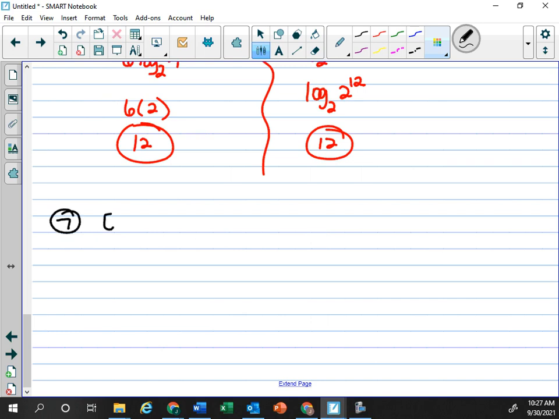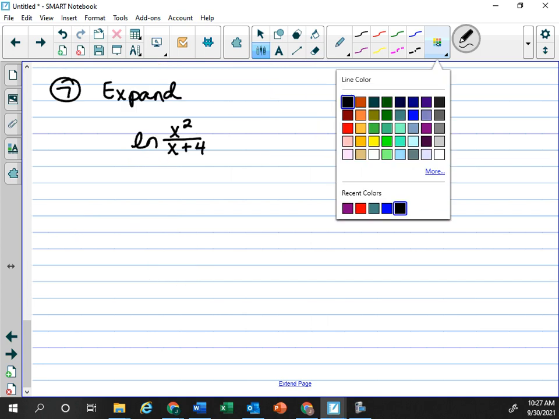We're still expanding. You're probably tired of writing that word. Let's do natural log of x squared over x plus 4. So we've got a few rules going on in this one.